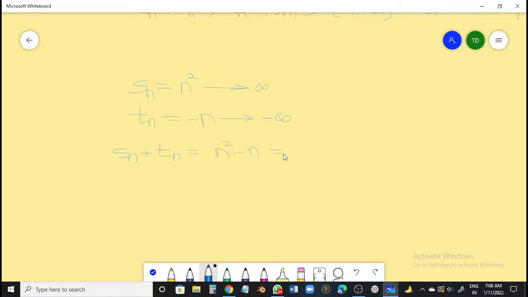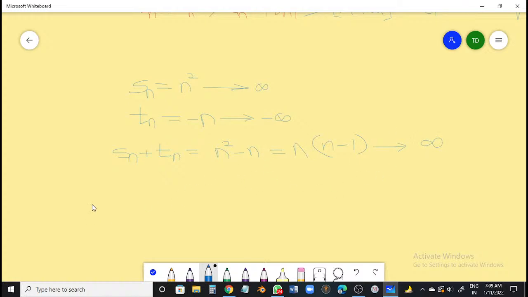If I take n common, inside I am left with n minus 1. And where does it go? It goes to plus infinity. You can watch it.